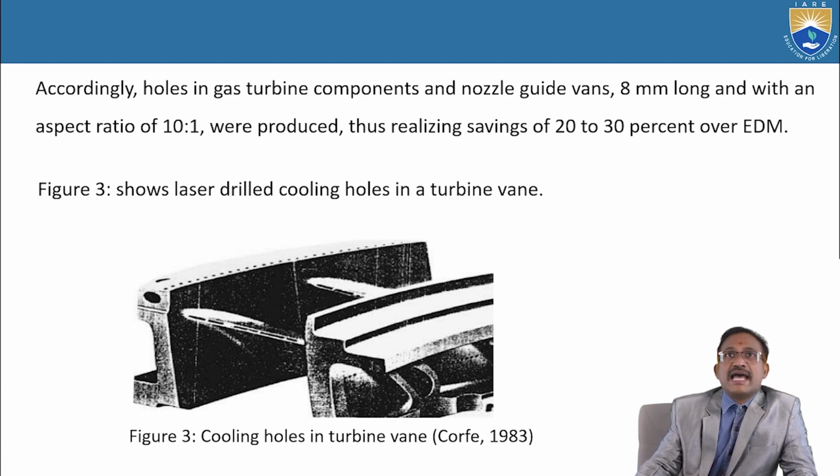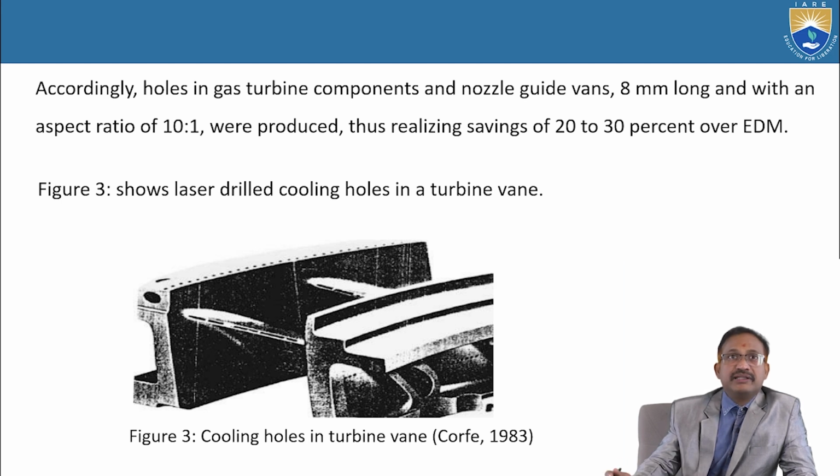Accordingly, holes in gas turbine components and nozzle guide vanes 8 mm long and with an aspect ratio of 10:1 were produced, thus realizing savings of 20 to 30% over EDM.